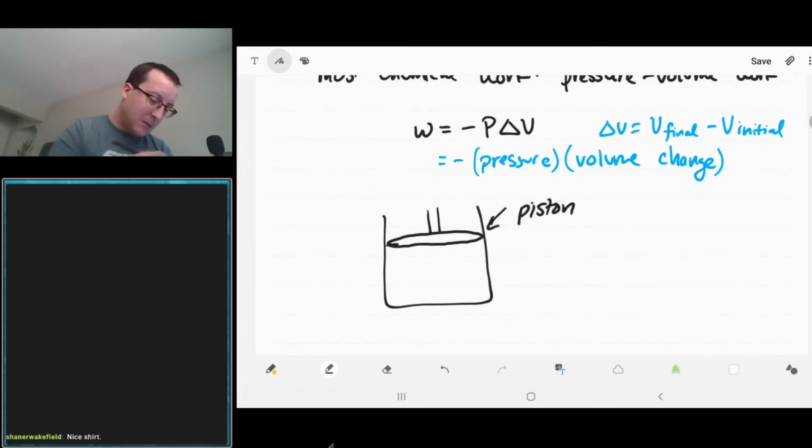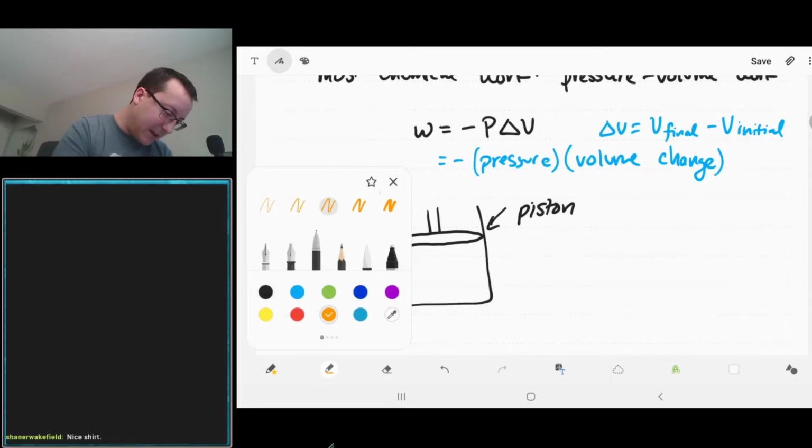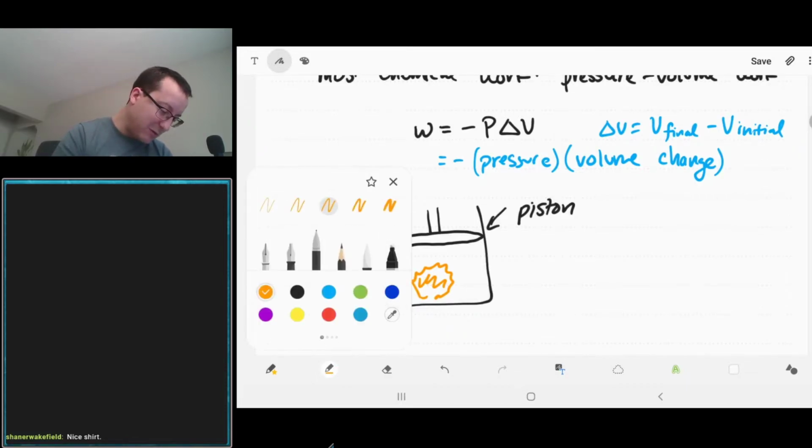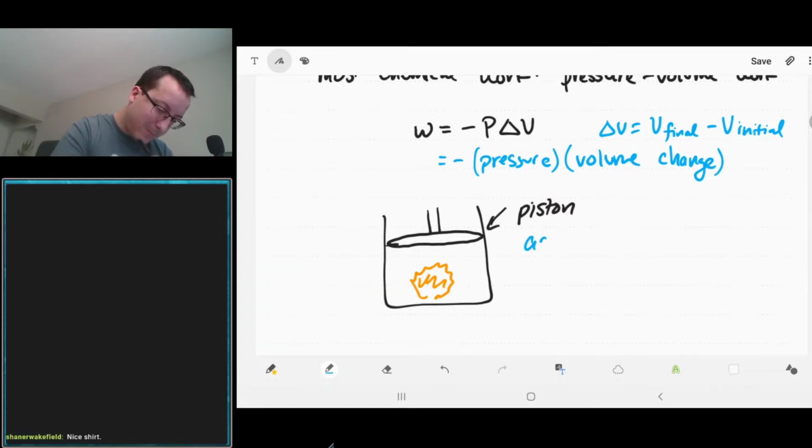And when you have your gasoline blow up inside, that causes this piston to move. By moving the piston, we're going to be changing the volume of that space in there. So as the piston moves, the volume changes.